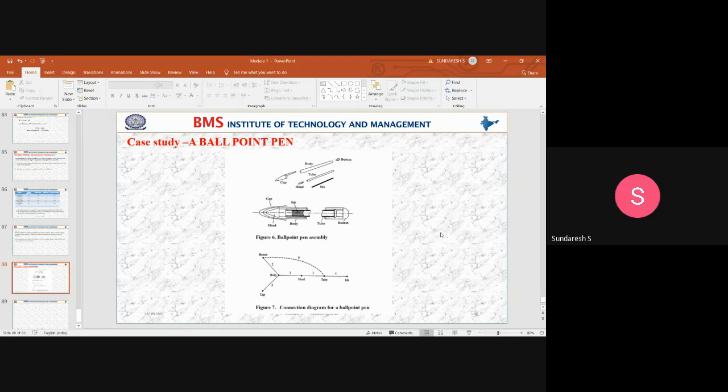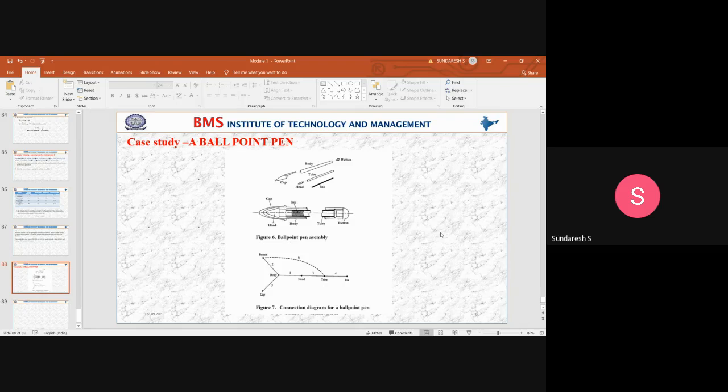So when you are designing any component, you have to think of the ergonomics point of view also. Even if it is a very simple pen, if you can't hold the pen properly, or if you are not feeling comfortable holding it, then definitely people will reject that pen.